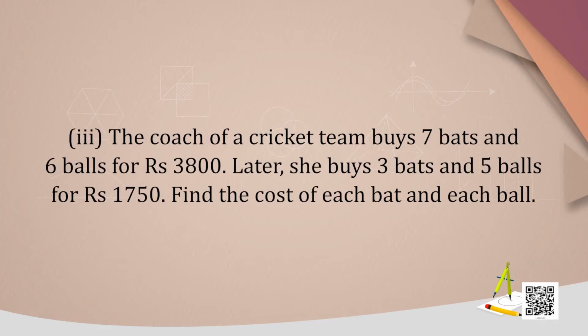The coach of a cricket team buys 7 bats and 6 balls for 3,800 rupees, and later she buys 3 bats and 5 balls for 1,750. The question is, find the cost of each bat and each ball.